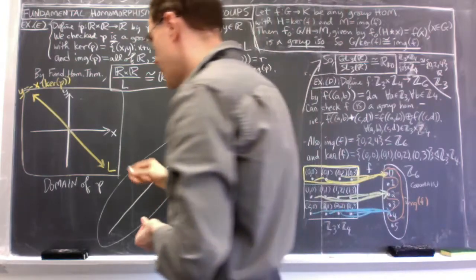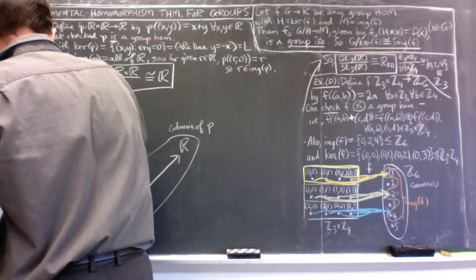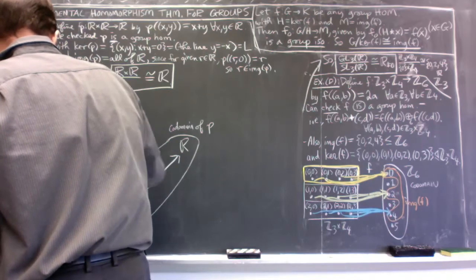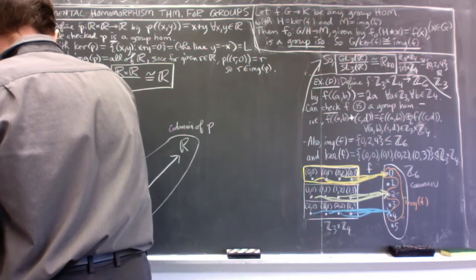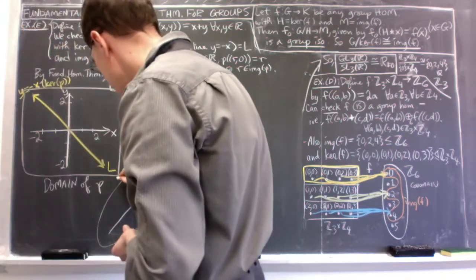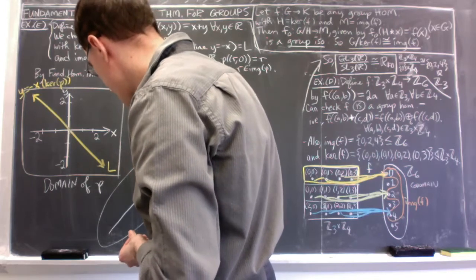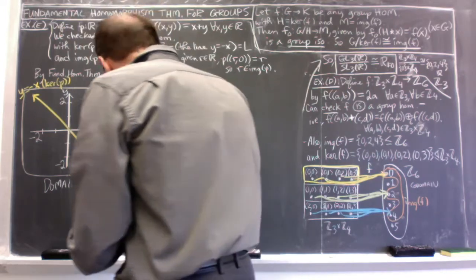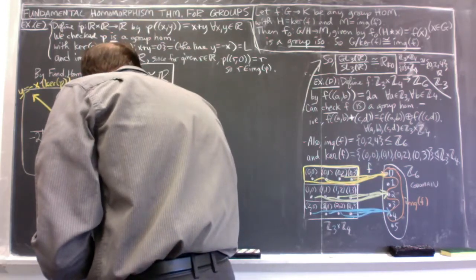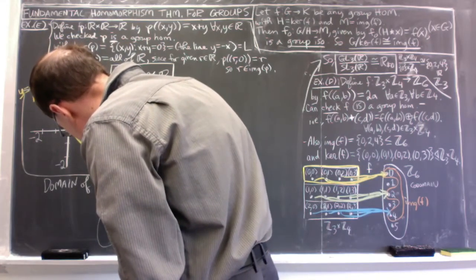It's this diagonal line. Let's just put in a few tick marks here. And the idea is everything on that diagonal line, every ordered pair that's on the yellow line, gets sent, because it's the kernel, to 0, the identity of the group over here. So I'll try to indicate that like this.